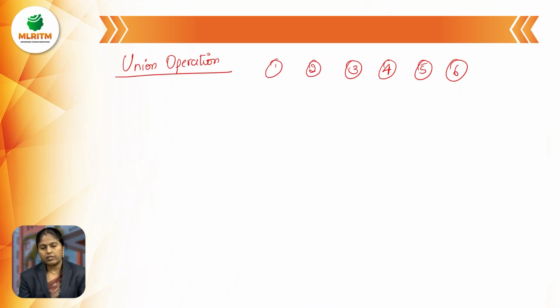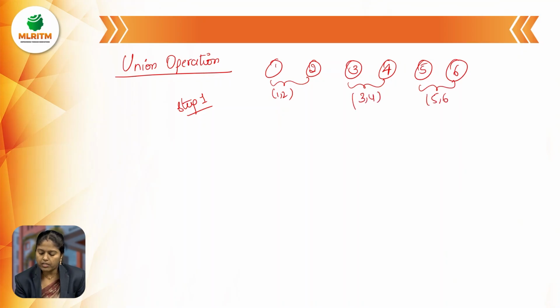According to the 6 elements, we have to do the union operation. How do we do it? Each and every step we have to combine the elements. In the first step, I am combining 1 and 2, 3 and 4, 5 and 6. That is 1 comma 2, 3 comma 4 and 5 comma 6.